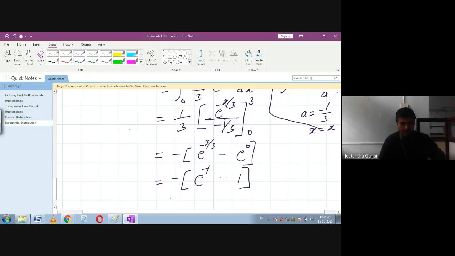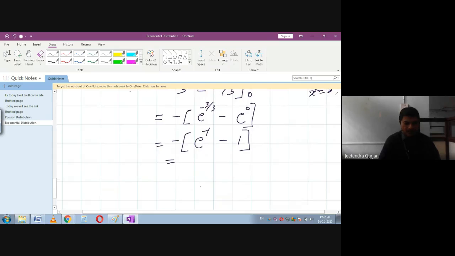So if you simplify this, what value do we get? Already you know what is the value of e. Yes, it is 2.7. You can take the value. So if you further simplify, substituting in the calculator, you'll get this as 0.6321, students.